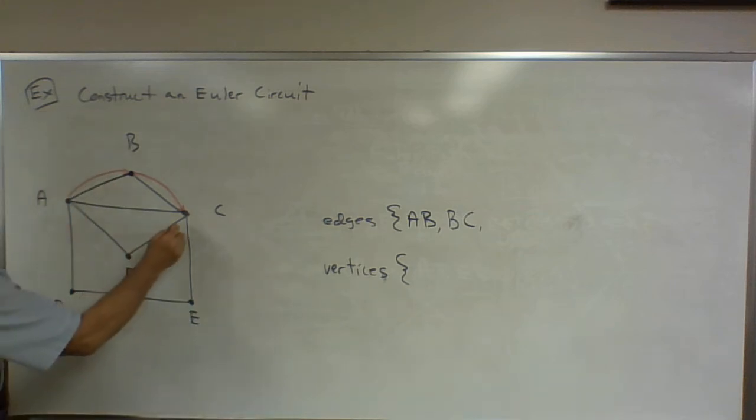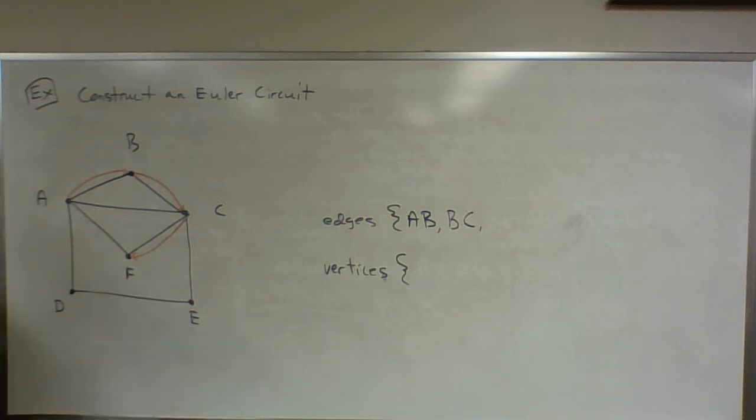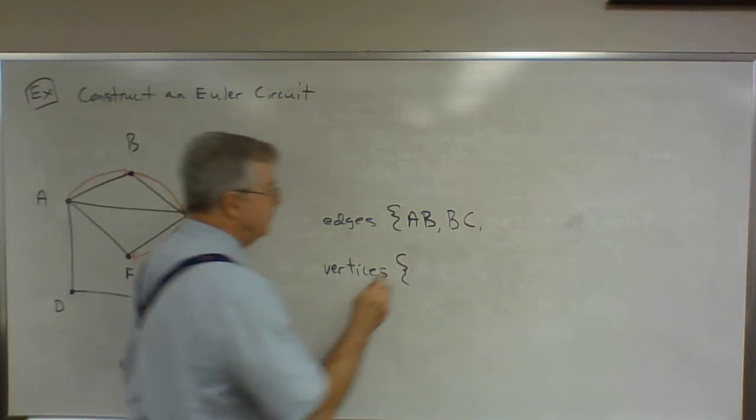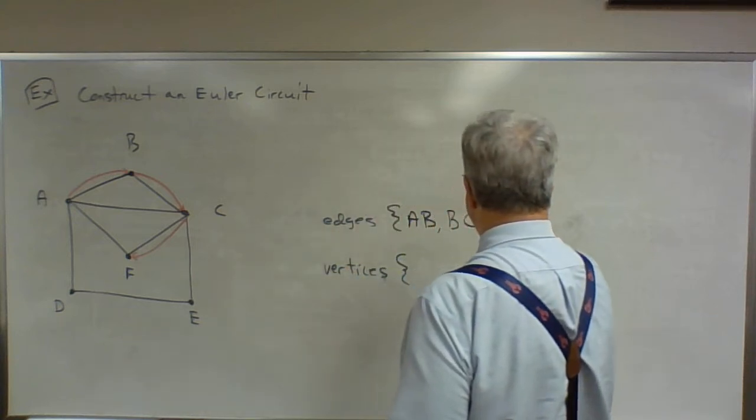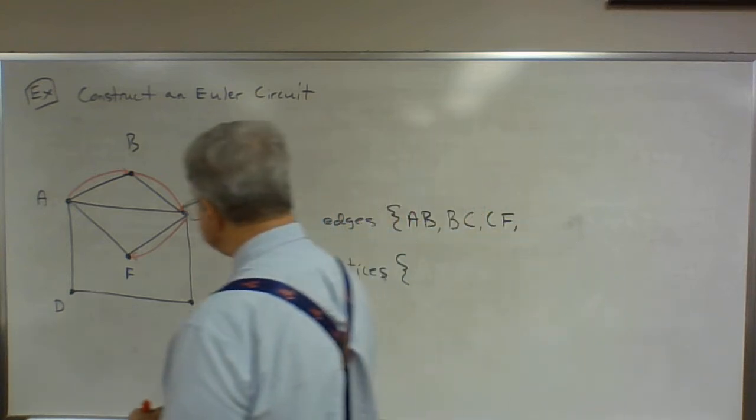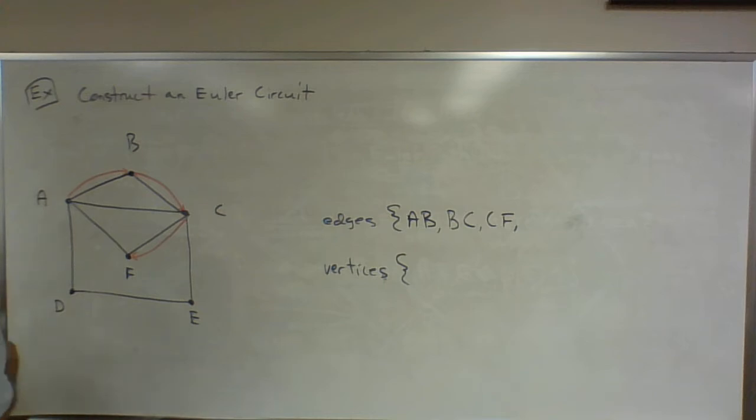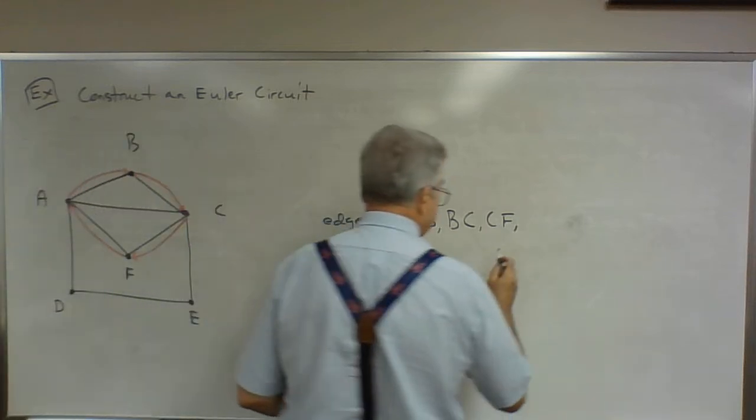From vertex C, I'll come down here to F. Got that edge covered, CF. And there's only one place I can go here. I'll go back up to A. So I've got this edge covered, F to A.